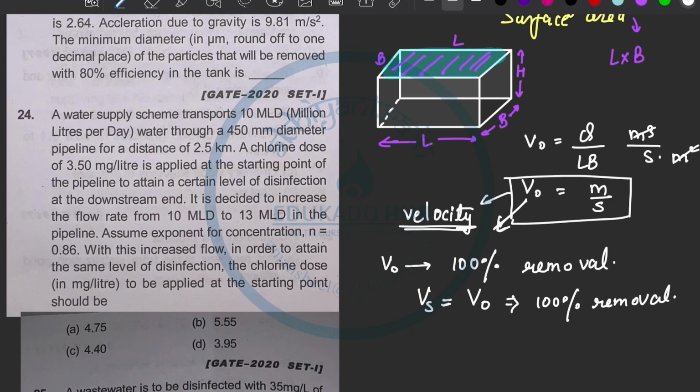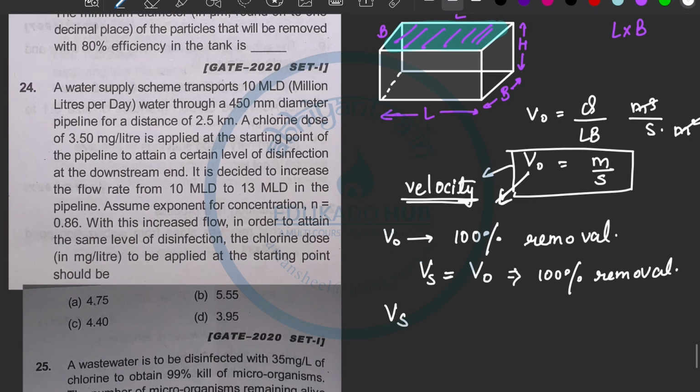Settling velocity, we all know. What is settling velocity? Settling velocity is the velocity at which the particle will settle down, and settling velocity depends upon the diameter of the particle. The formula for settling velocity is (Gs minus 1) d square upon 18 nu.